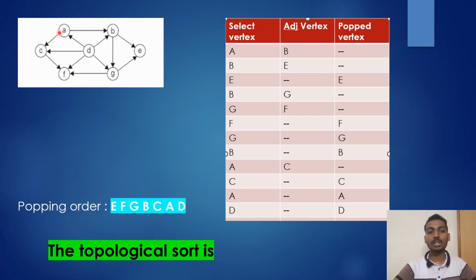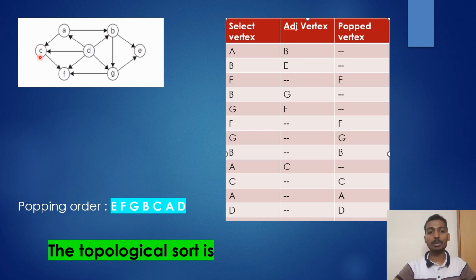Here we have to check whether it has any edge connected to A. Now we can see C is connected to A, and next A has the adjacent vertex C, and C has no adjacent vertex, whereas we have a connection to F. Already we have popped out F from the stack, so we have to remove C from the stack.